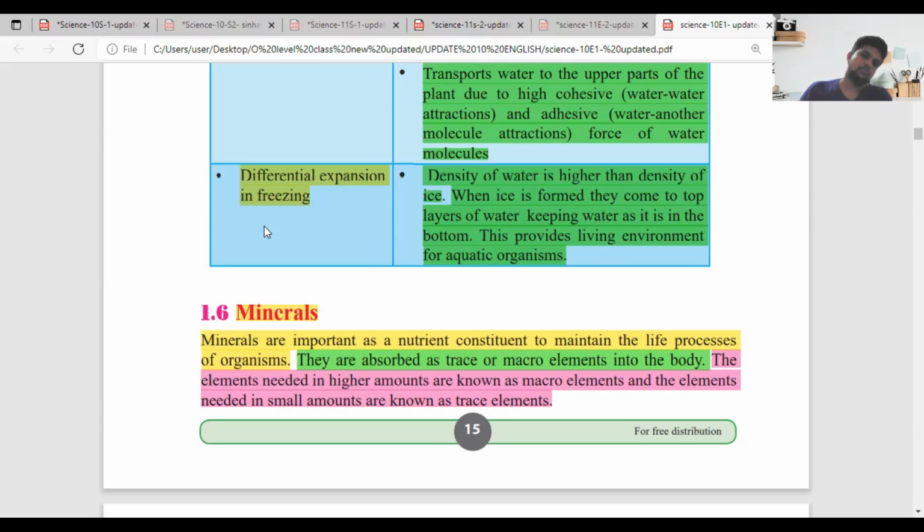So when we come to differential expansion in freezing, what will happen? In the Arctic and Antarctic regions, you already know, at the top of the water level we can see the glaciers, the ice. There are mountains of ice, very huge portions in very large amounts.